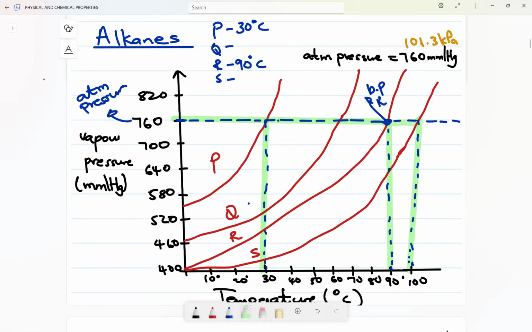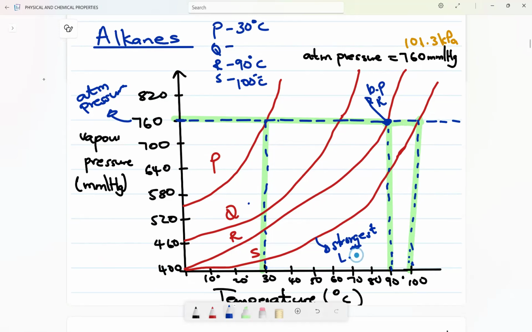Okay, I'll say this one boils at 100 degrees Celsius. So this S is the one that has the strongest intermolecular forces, strongest London forces, okay? So this one has the strongest London forces.